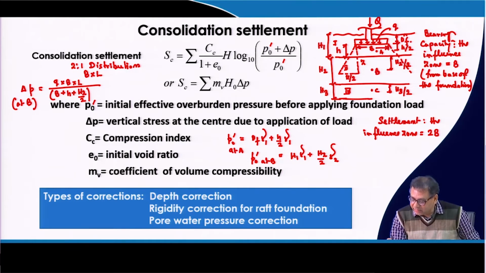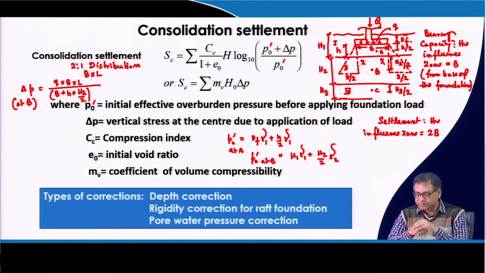And on this side also, if this is any depth z, this will be z by 2, because it is 1:2 distribution. So, if this is z, this one is z by 2, and again this one is z by 2.